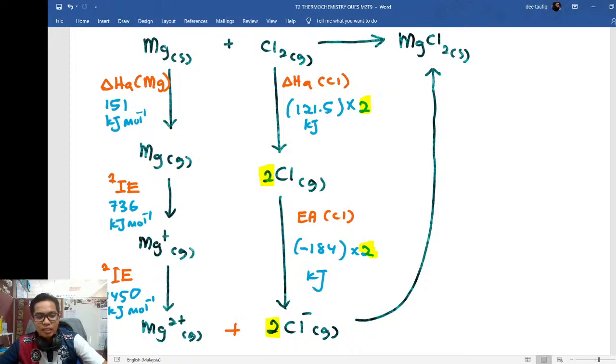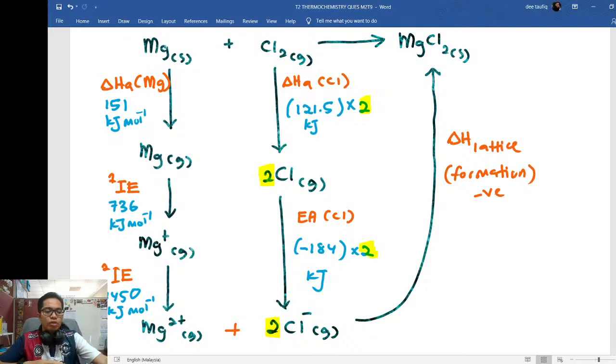Since saya buat daripada gaseous ion to produce solid, so this one should be labeled as delta H lattice formation, meaning saya punya nilai should be dapat negatif. If you want to do the other way around, still okay sebab itu yang kita nak cari, but you punya nilai akan dapat nilai positif. The value will be the same, just the difference between plus and minus sign. Itu sahaja. Okay.